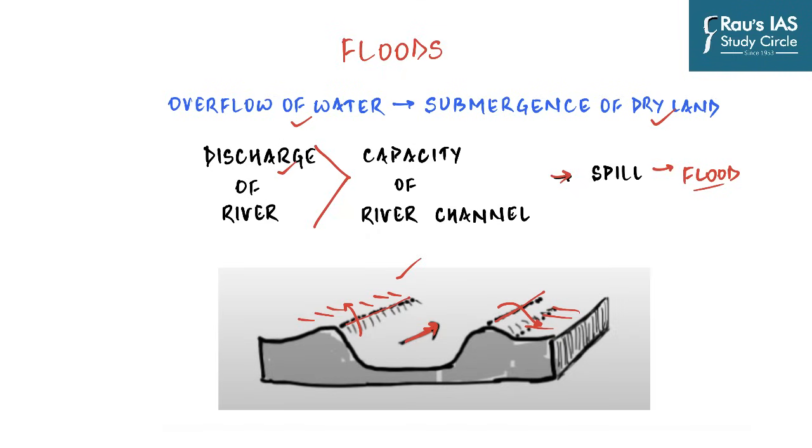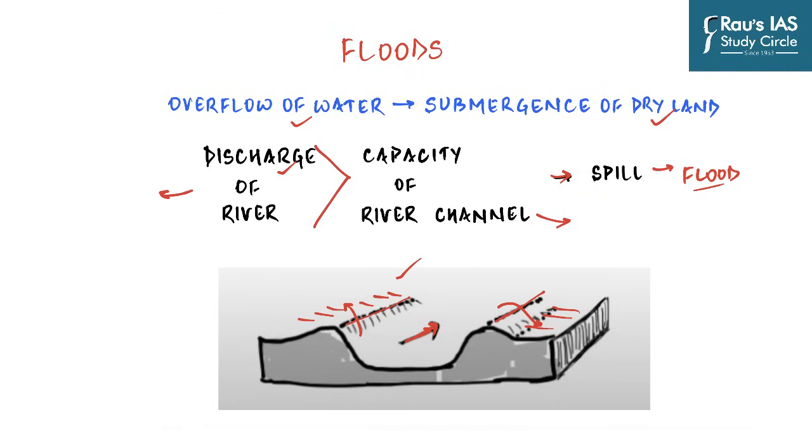And so the next natural question that would arise in your mind is, what causes flood? What are the reasons behind the flooding? And so if you analyze all the causes across the world, they can be distributed either towards the left side of this particular equation or towards the right side of this particular equation.